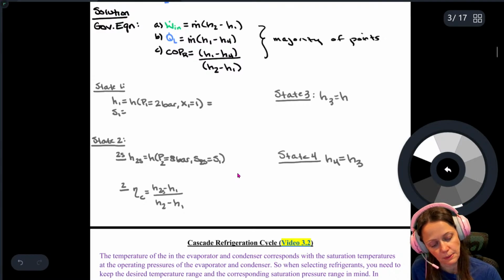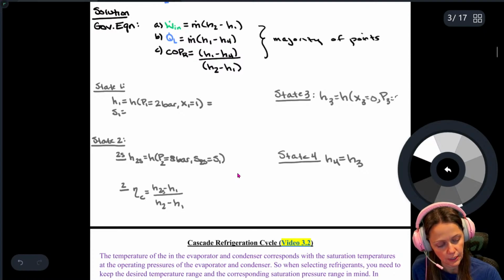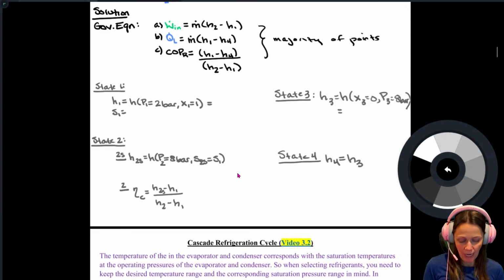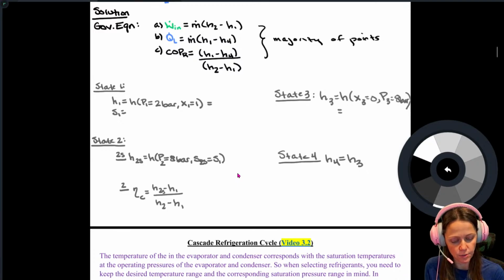So this is going to be h with a quality of 0 and a pressure of 8 bar. Ta-da. All right. So now I've got a placeholder for everything, and I'm ready to get all my states.